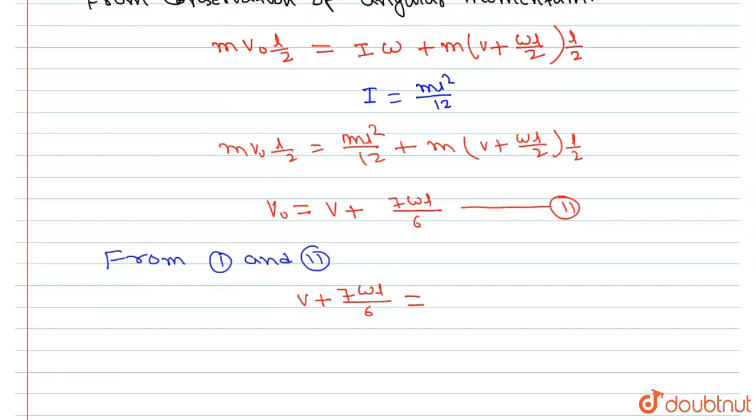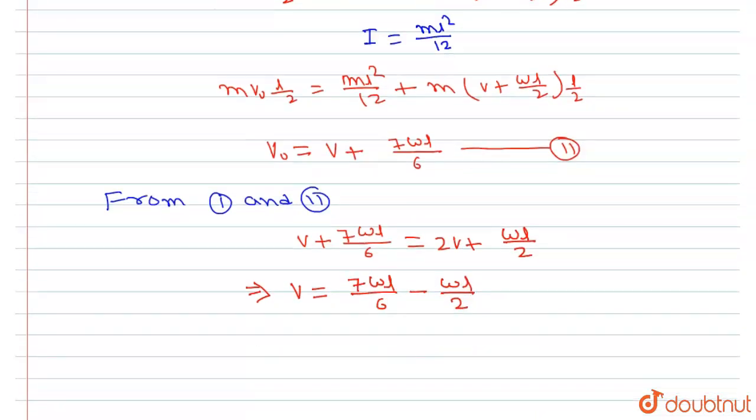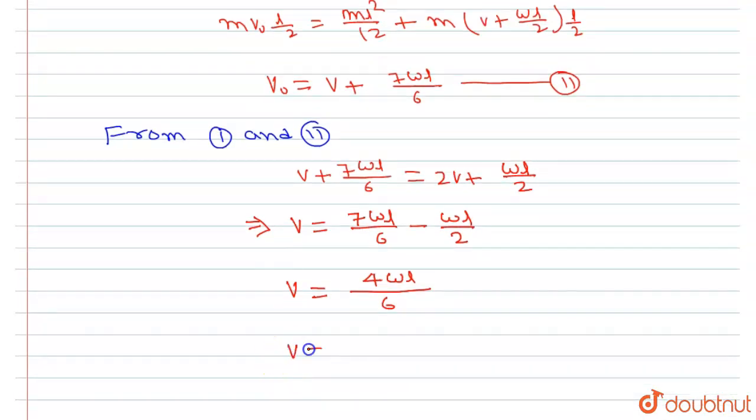So V equals 7 omega L divided by 6 minus omega L divided by 2. Taking the LCM, 7 minus 3 gives 4 omega L divided by 6. So V equals 2 by 3 into omega L.